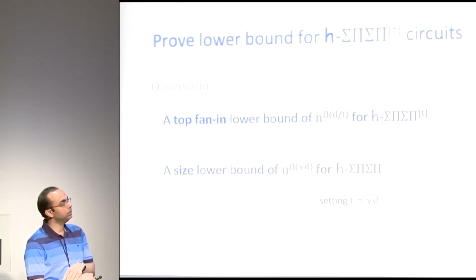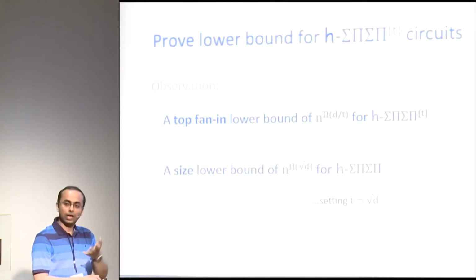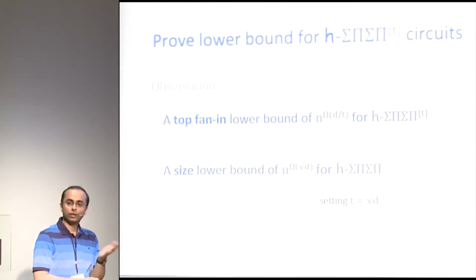And if you choose your t appropriately, which is like root d, to make both the terms equal, what you get is a size lower bound on this. Either the circuit is anyway large, so I have nothing to prove, or if it is small, then I prove a lower bound on the top fan-in. That's what this is saying.